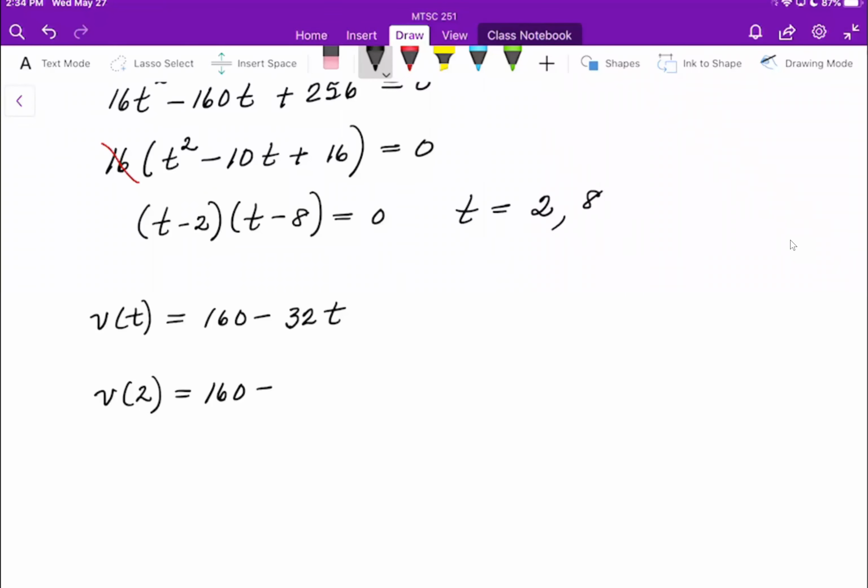So we want to find how fast the water is running out of the tank at the end of 10 minutes.